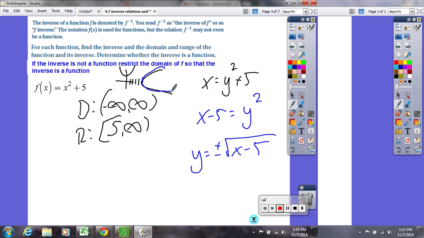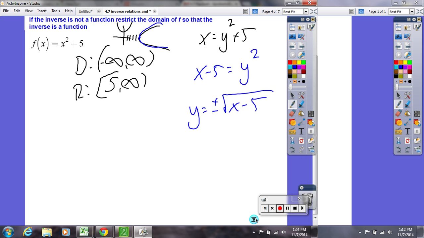Okay, so what is the domain of this guy? Have I not yet? Domain. What number can I not be in here? 5 to infinity. I can be anywhere from 5 to infinity, because I can be 5.